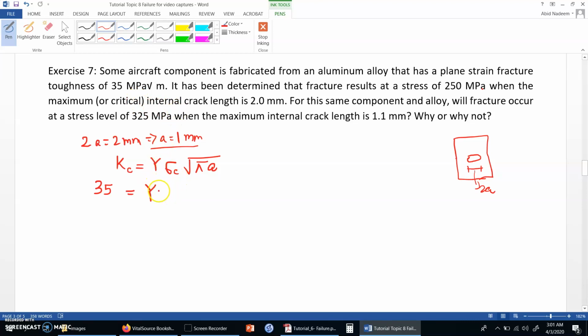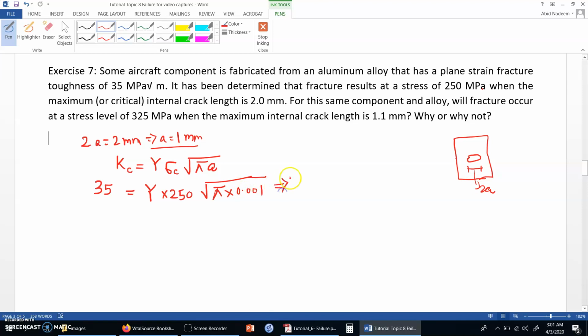So we will use 250 over here and under root pi, and then a, I will use 1 millimeter, or 0.001 meter.